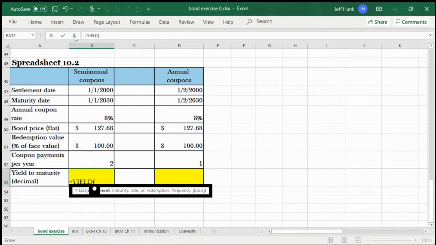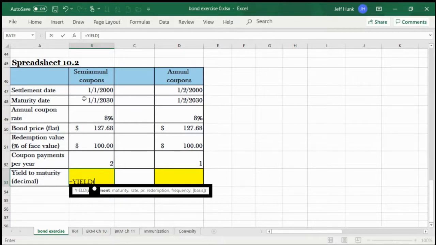But sometimes using the function symbol is safer. Especially when you're using the rate function, it's always safe to use the function symbol, because if you just use the rate function, some of the variables that must be entered are missing. It's not showing the full extent of the variables.